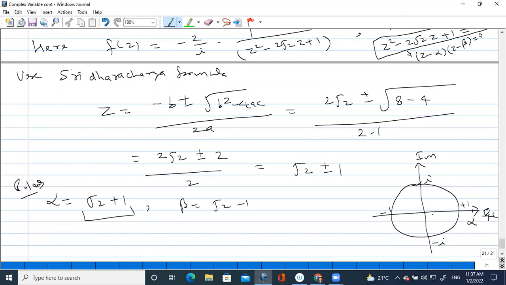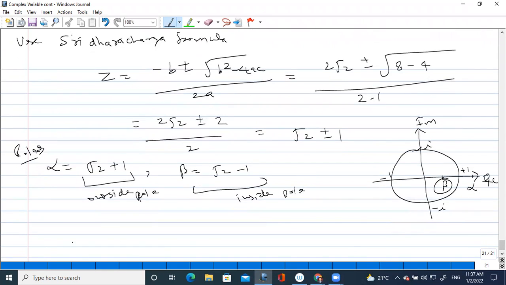So this is your alpha, and beta is root 2 minus 1, so that will be somewhere here, that is beta. So beta is inside. This one is inside pole and this one is outside pole. So for outside pole, we will not calculate the residue, only inside pole will be considered.